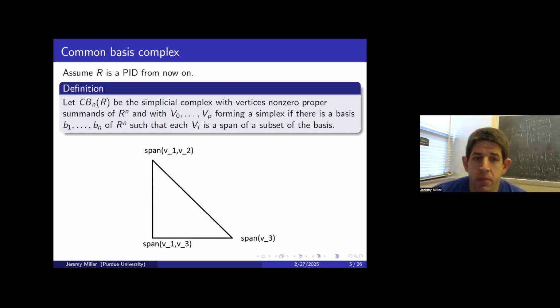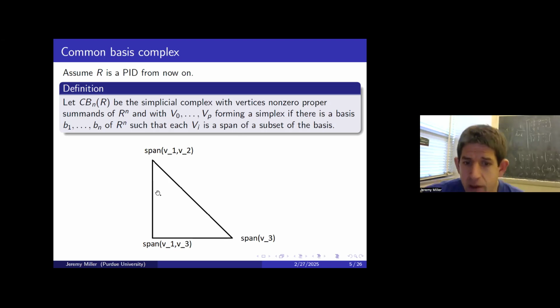This simplicial complex that shows up in the associated graded of the rank filtration is called the common basis complex. There's one for each n, and the vertices of the nth common basis complex are proper non-zero summands of R^n, and a collection of summands will form a simplex if there is a basis of R^n such that each of the summands is the span of some subset of the basis.